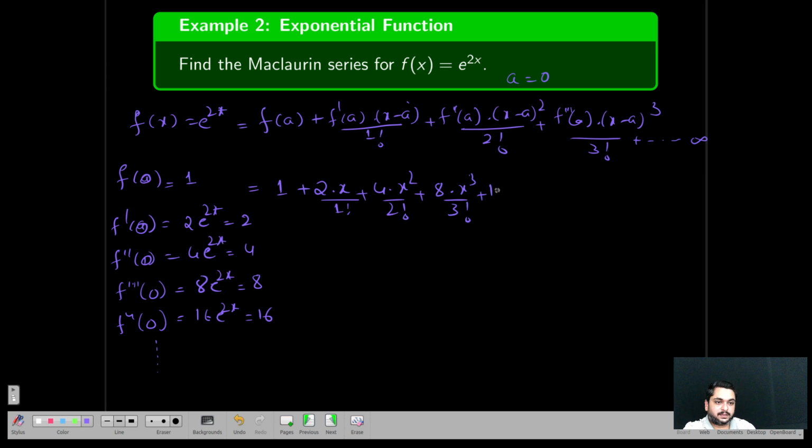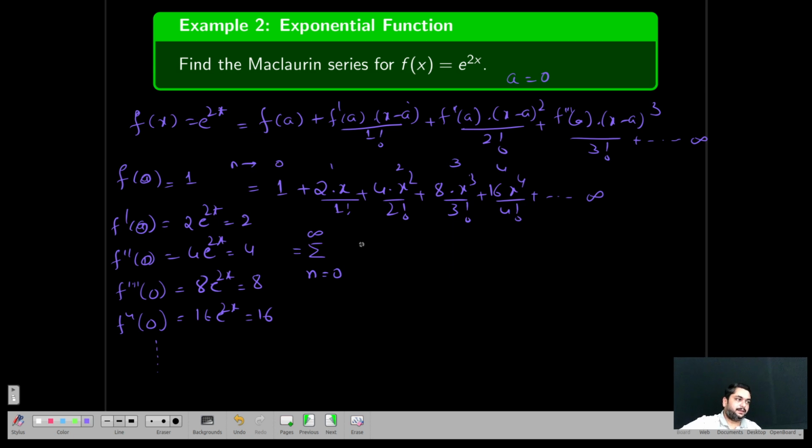So it goes on like 16 into x to the power 4 by 4 factorial till infinity. So I will write it in summation form. You will write summation, n equal to 0 to infinity. Now you see the terms. Let's say n is 0, 1, 2, 3, 4.